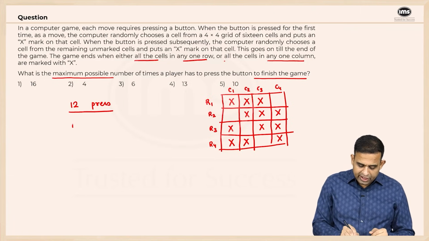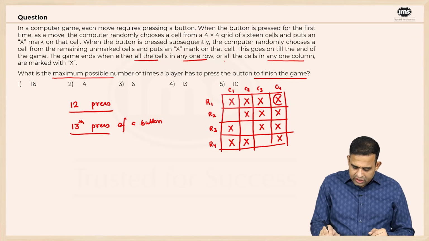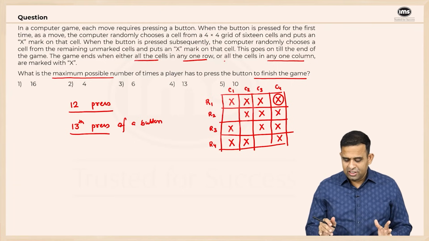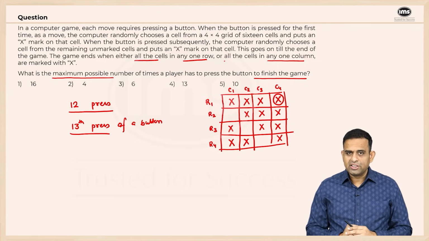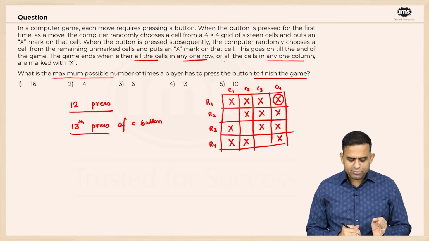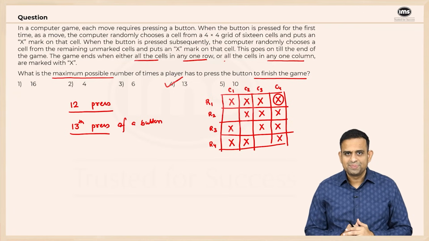So on the 13th press of the button, if I put the X over here, one can see R1 contains 4 X's, column 4 also contains 4 X's, and that simply means the game will be over. The maximum possible number of times one has to press the button is going to be 13, which happens to be option number 4.